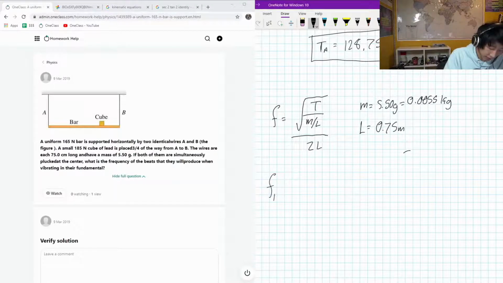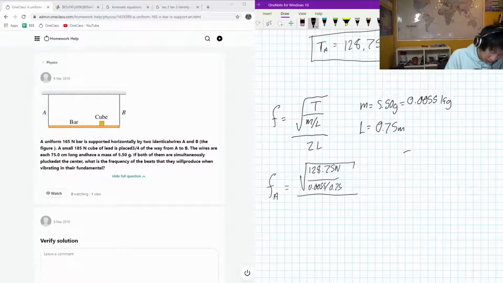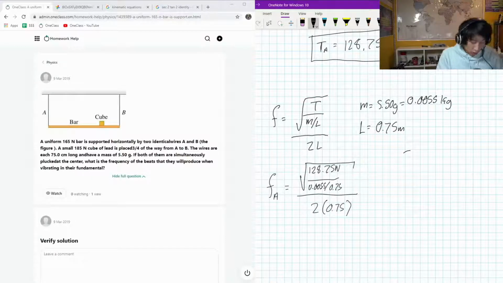So let's first find the frequency of A. Under the root, we got our tension of A is 128.75 newtons divided by mass, which is 0.0055 over 0.75, all over 2 times 0.75. Okay, let's calculate this out.